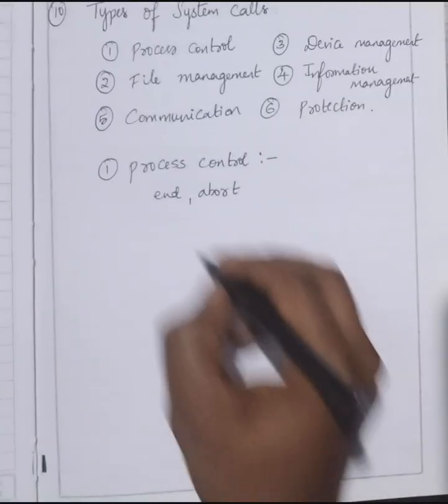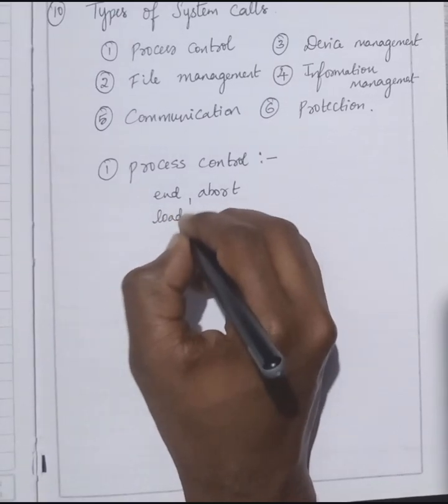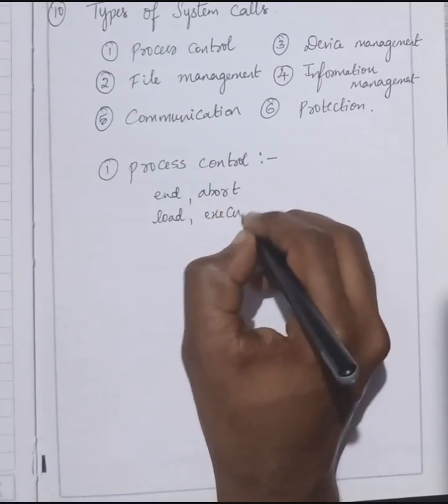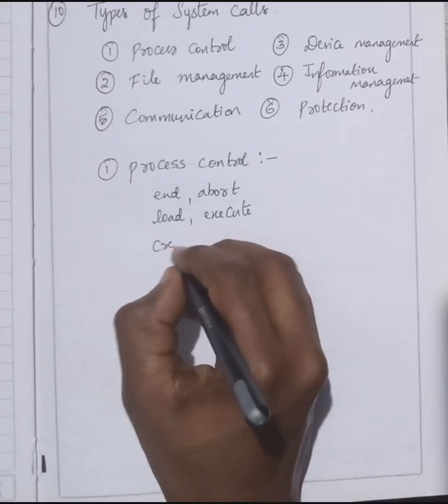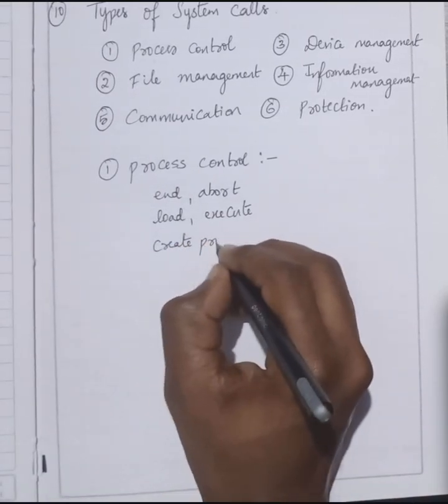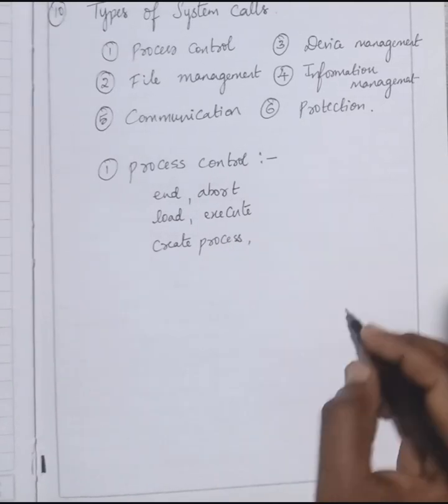Then, if we want to load the process or execute the process, for that we have a system call. Again, for creating a process, we also have a system call. In the same way, for terminating it, to stop it, we have a system call. Then we want to set process attributes, that is, set some parameters for the process, or get them, and for that also we have a system call.